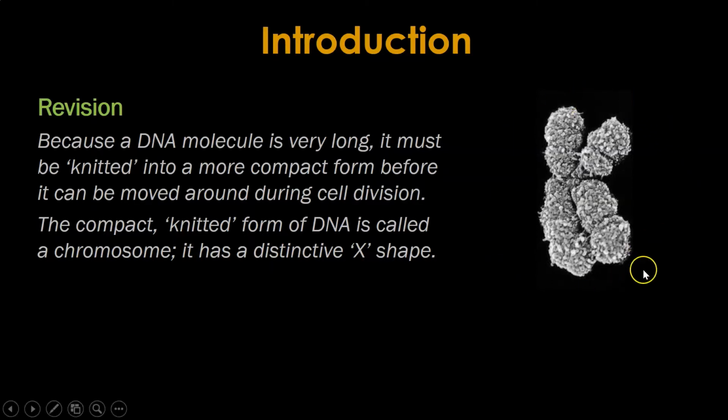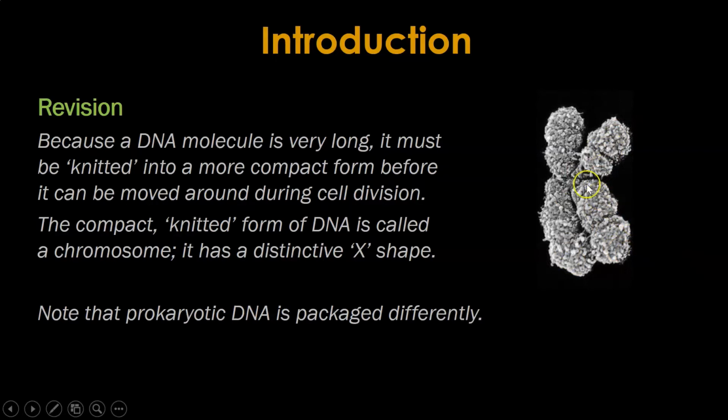Now here is one chromosome. It looks a bit like a mutant sausage or 4 mutant sausages, but in fact, there we go, you can see that's one side of the X, another side of the X, and then they're joined in the middle. Now I'm talking here about eukaryotic DNA.